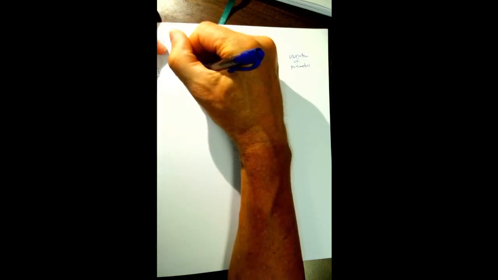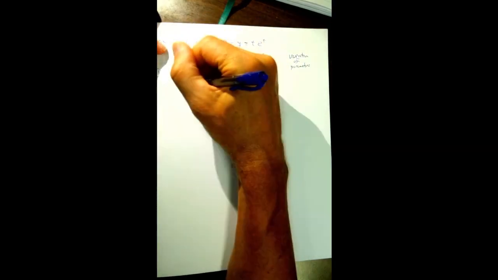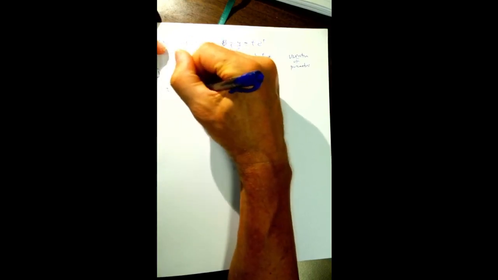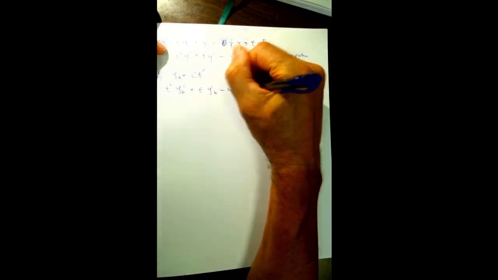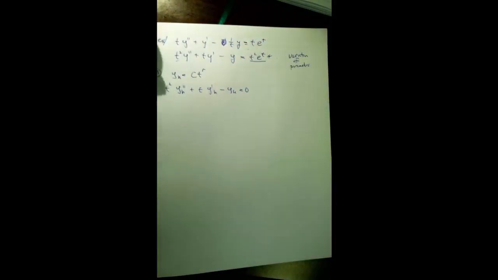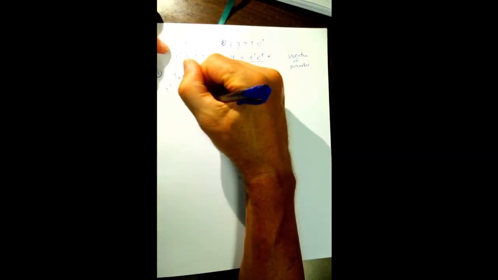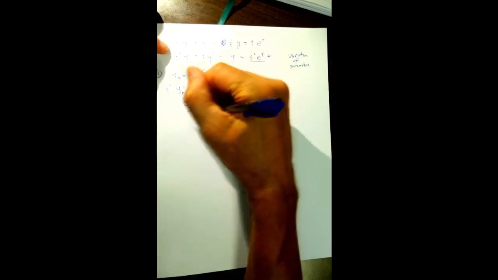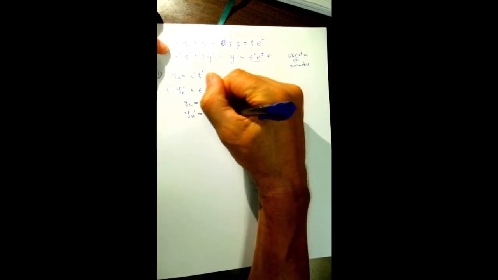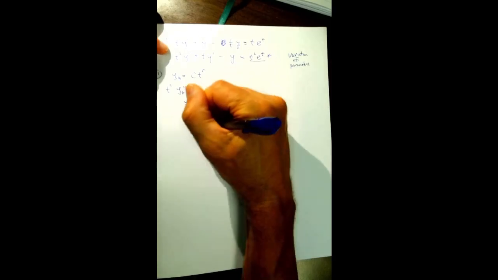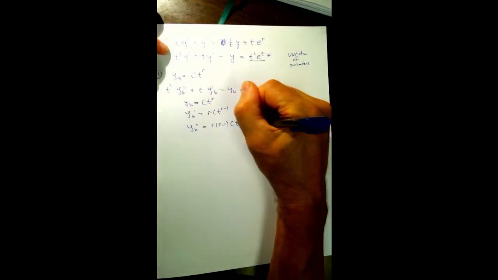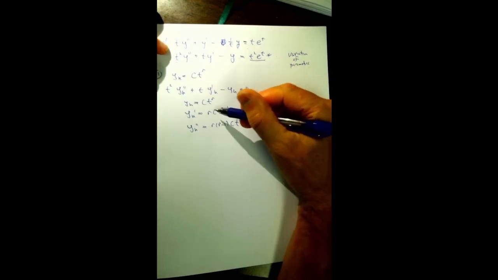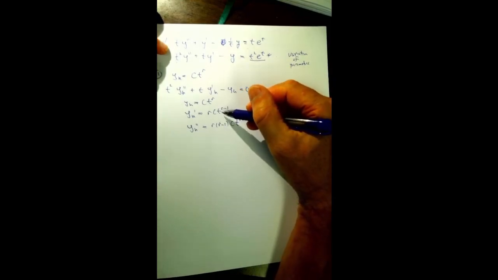So for my homogeneous solution, I'm going to guess c times t to the r, and my homogeneous equation is going to be the thing I have above, I just set it equal to 0. So I need to take my guess and take two derivatives. So the first derivative is r times c times t to the r minus 1.